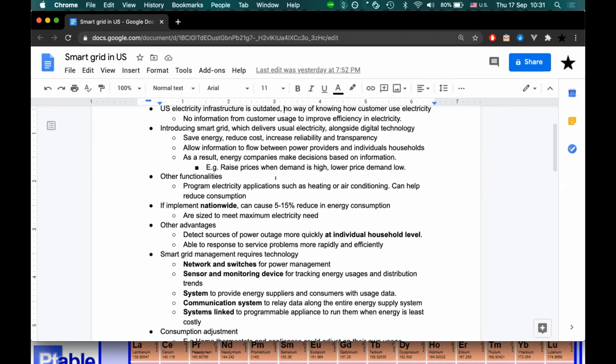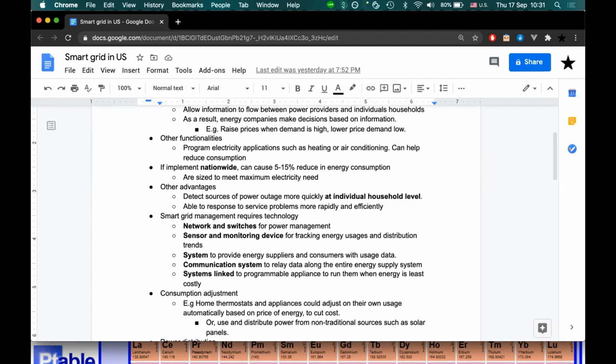As a result, those energy companies could make intelligent decisions based on information of energy usage, like raising the price when demand is high for electricity, or lowering the price when the demand is low. There are also other functionalities, such as allowing users to program their electrical appliances at home, like heating or air conditioning, automatically.